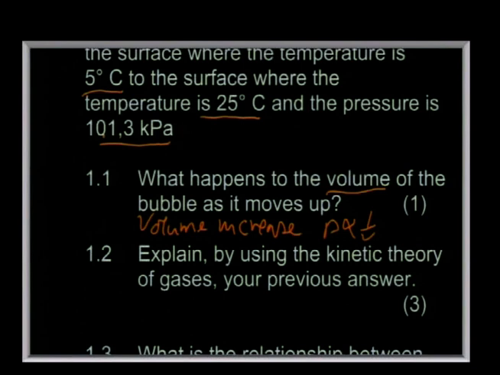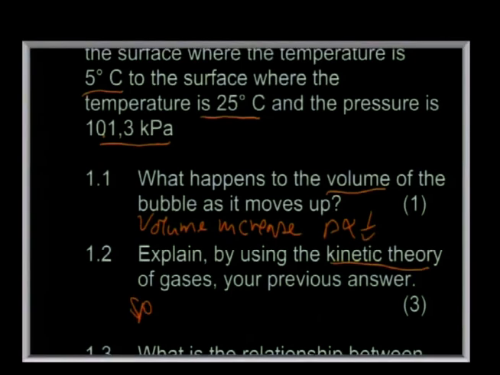So here it's important that we start to refer to molecules and what's happening to the molecules and how they're moving. So let's just clarify exactly what we mean there. Recognize that the water is pushing in on this bubble, and that's compressing it. So there are a lot of collisions even though the temperature is low.